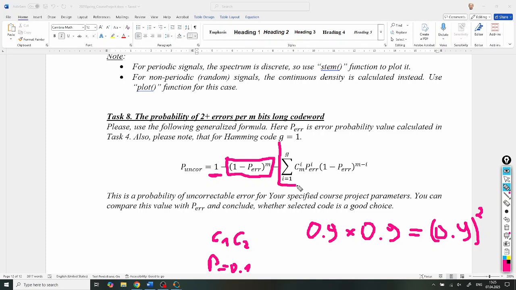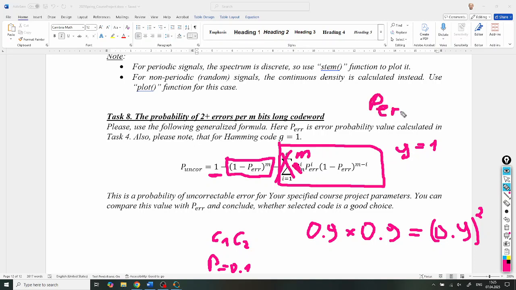Now this is the probability of receiving g correctable errors. For Hamming code, g is equal to 1, so essentially this summation goes away, and this number of combinations essentially converts to m. So what we have here is now error probability to the power of 1 multiplied by 1 minus error probability to the power of m minus 1.